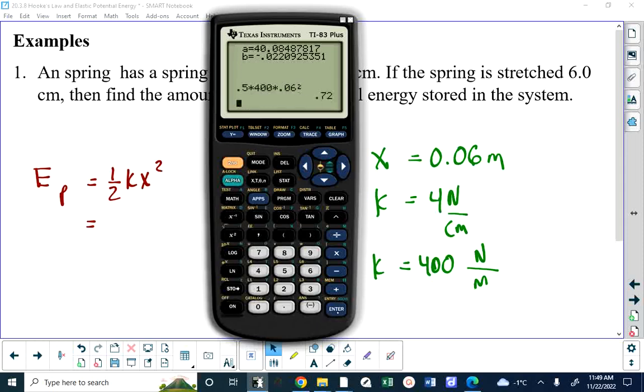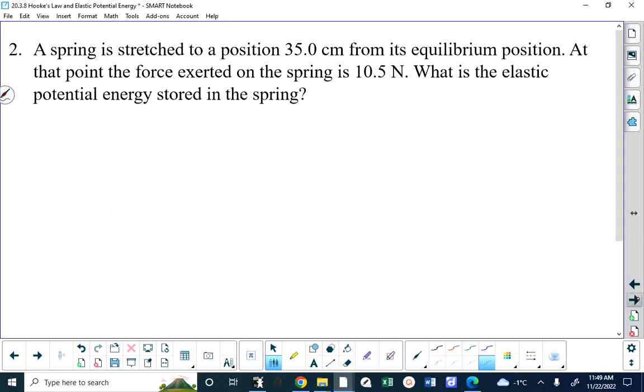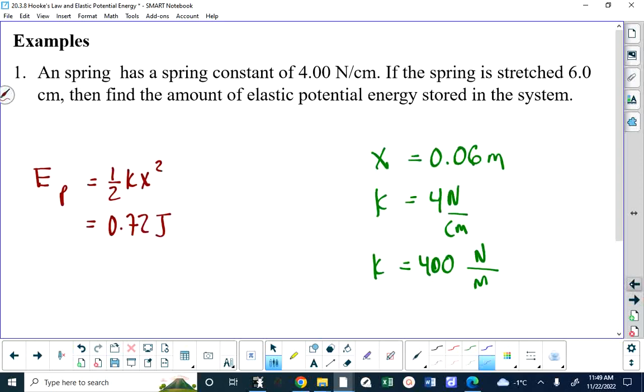So I get 0.72 joules. Any questions with example 1? By the way, instead of saying how much elastic potential energy is stored, I could have said how much work is done, because work is change in energy.